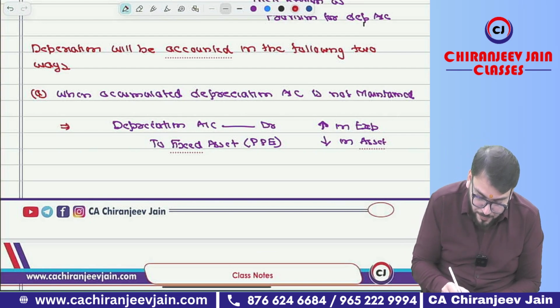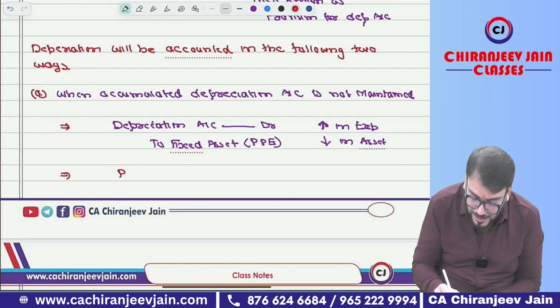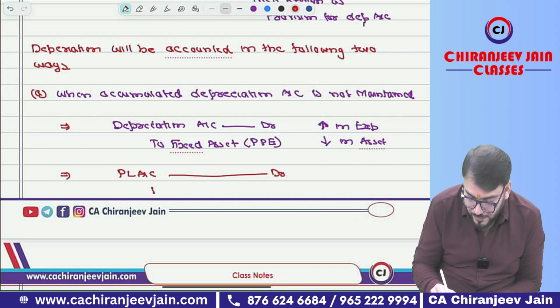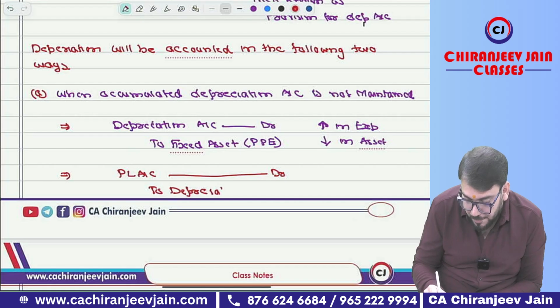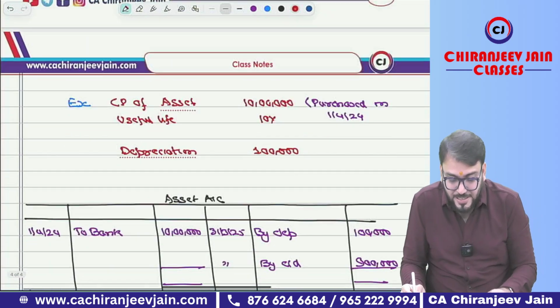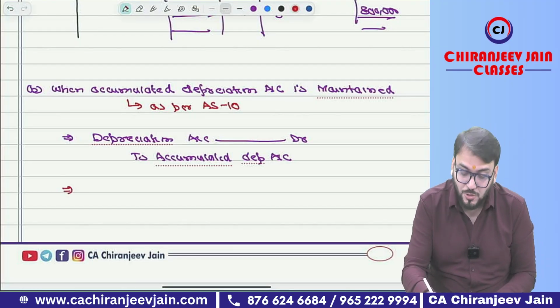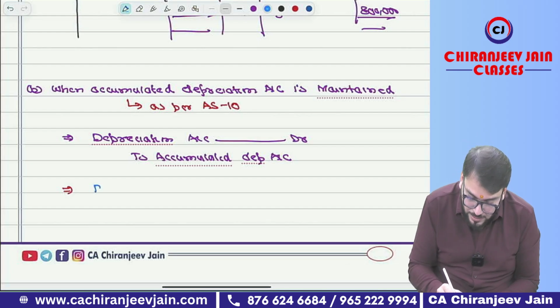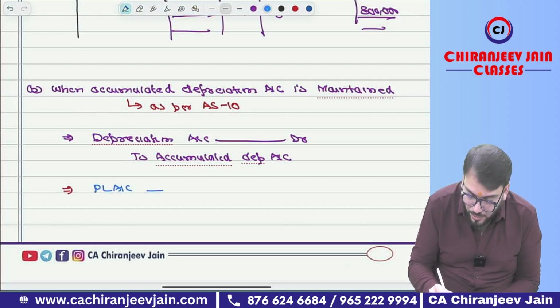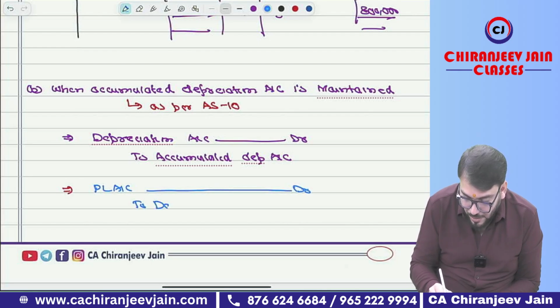Means in both journal entries depreciation account has been debited. In the first case also depreciation will be transferred to PL account: PL account debit to depreciation. And in the second case also, depreciation being a nominal account will be transferred to PL account, and we'll say PL account debit to depreciation.